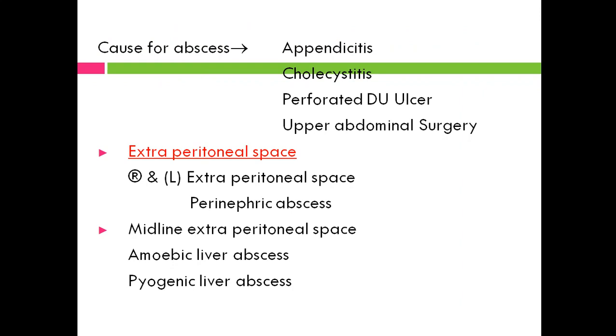So this can produce abscess in the right subhepatic space, the Morrison's pouch. Extraperitoneal spaces, you have right and left extraperitoneal space, and you have the perinephric spaces on either side. You have perinephric abscess, or midline extraperitoneal space, or the bare area of the liver. You may get an amoebic or a pyogenic liver abscess.